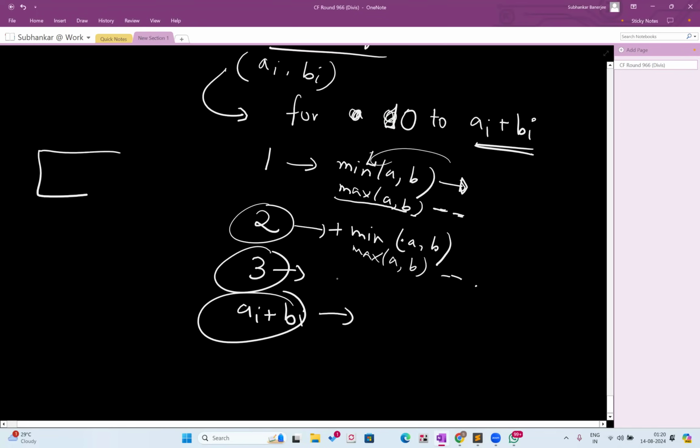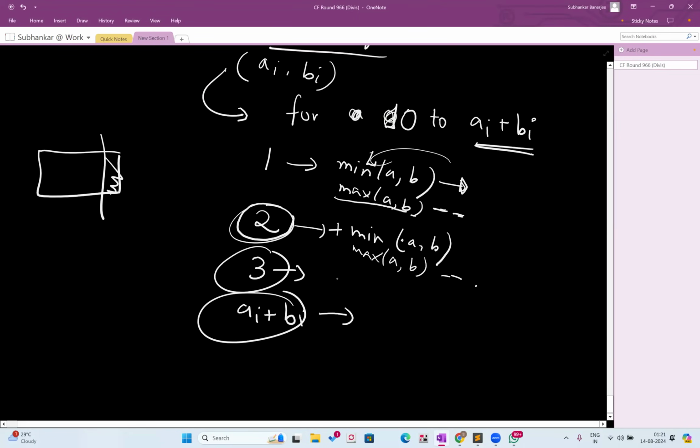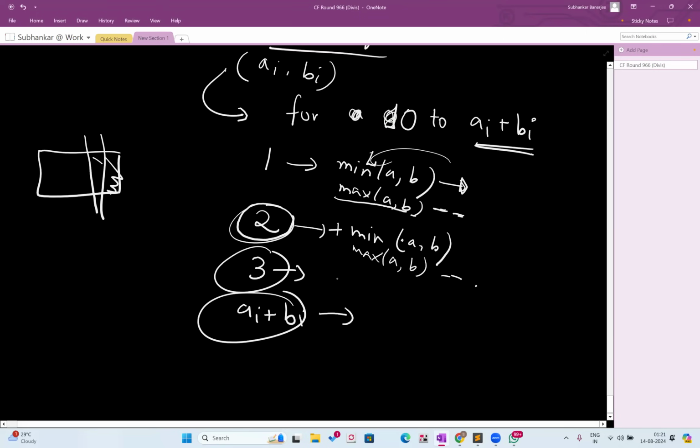Basically, what we are doing in the rectangle is that this part is cut off, and we are left with this part. And for the second score, I'm doing it with the updated A comma B. With the updated A comma B, I'll make another cut, and I update the maximum among them by 1, so I'll reduce it by 1.